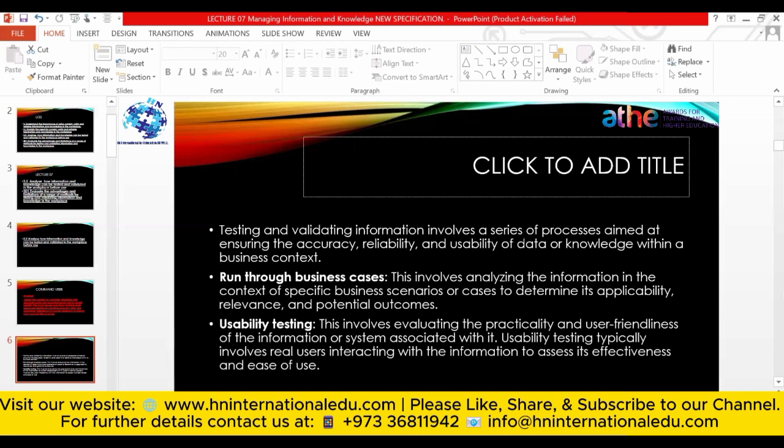Then usability testing. This involves evaluating the practicality and user-friendliness of the information or the system associated with it. Usability testing typically involves real users interacting with the information to assess its effectiveness and ease of use.